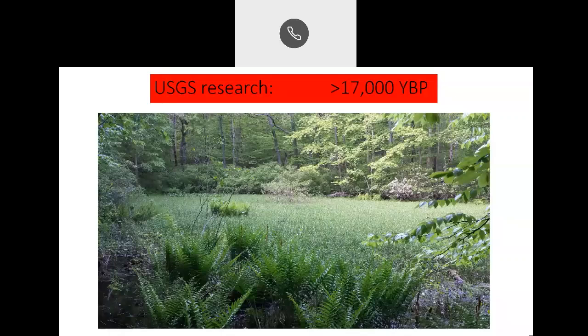Our karst wetlands in the Allegheny uplands here were formed after the last ice age. So these really represent some of the oldest, unchanged showcases of biological diversity that remain in our landscape today. Next slide, please.